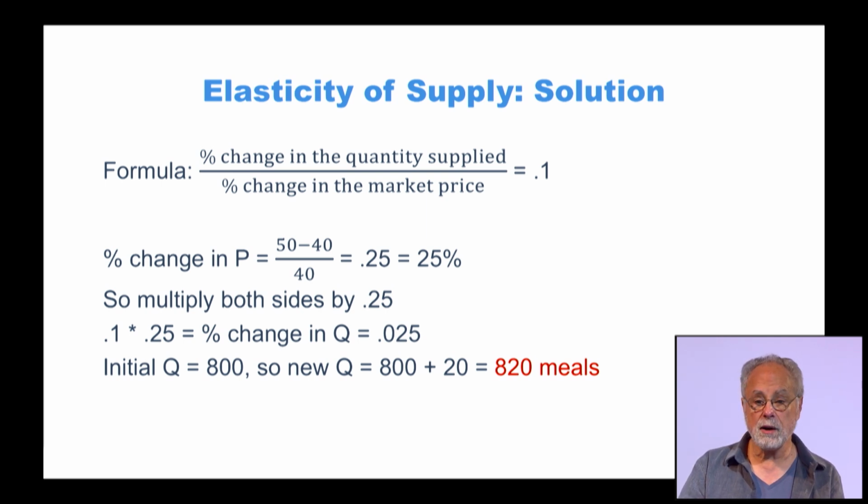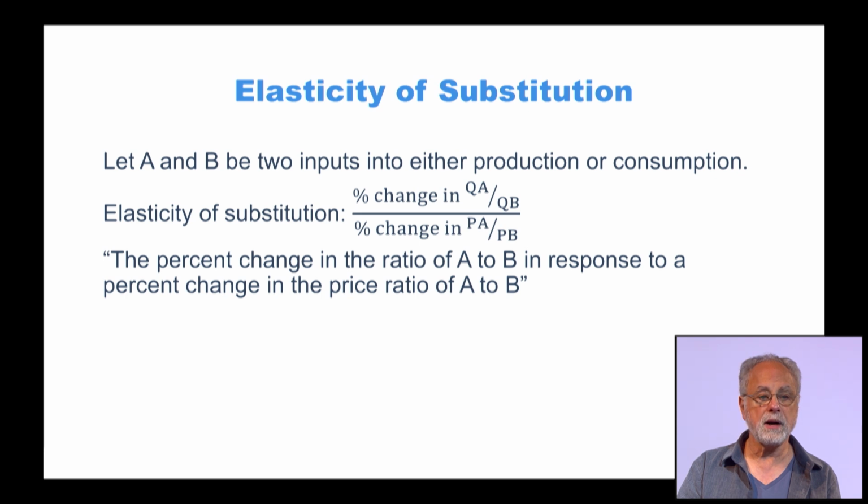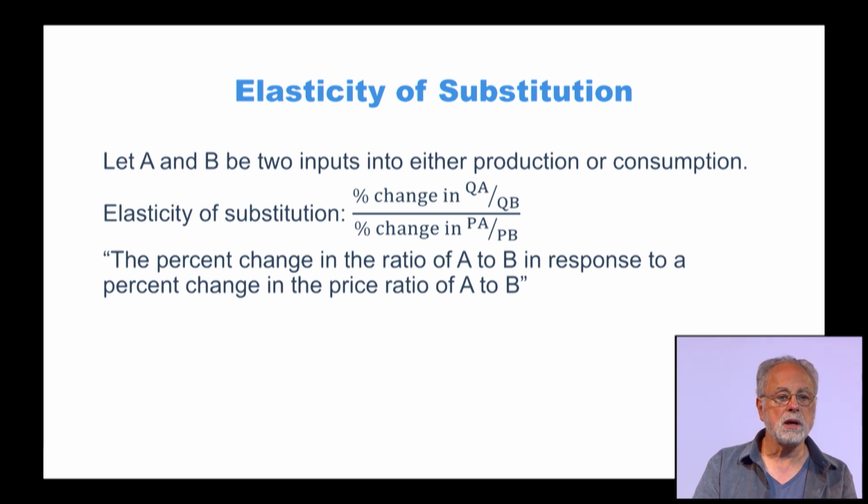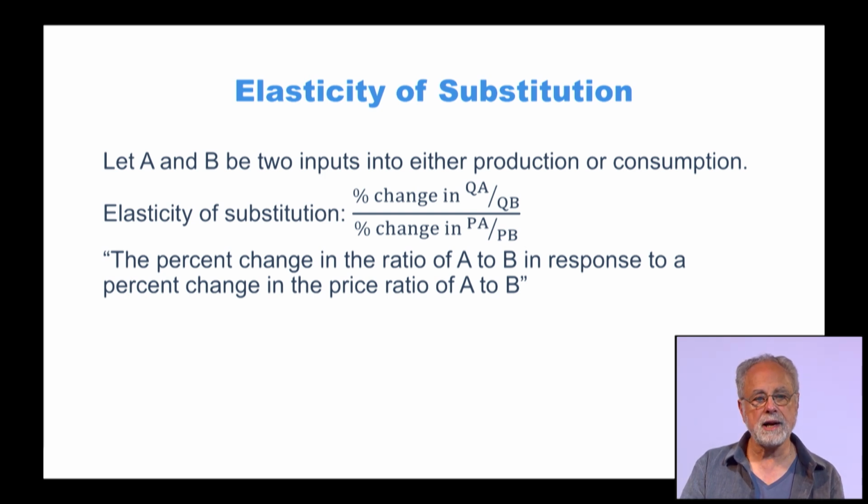The final point I would like to make about elasticity is that there's a very important elasticity which we'll come back to in a subsequent lecture, the elasticity of substitution. Typically, the average person out there doesn't care about this. It's a fairly technical elasticity.